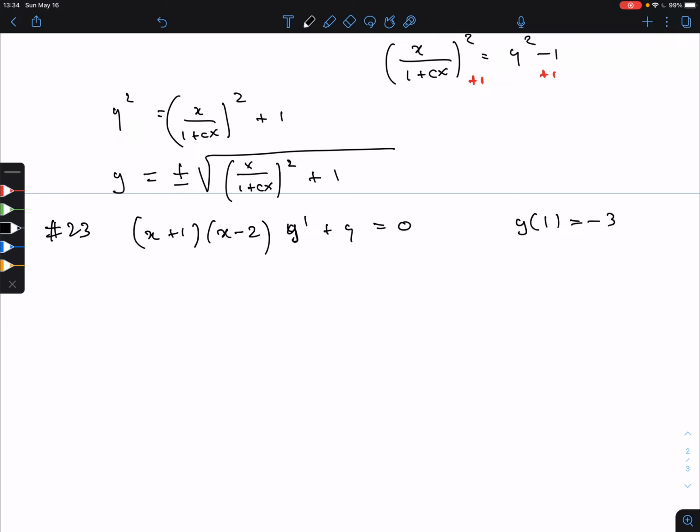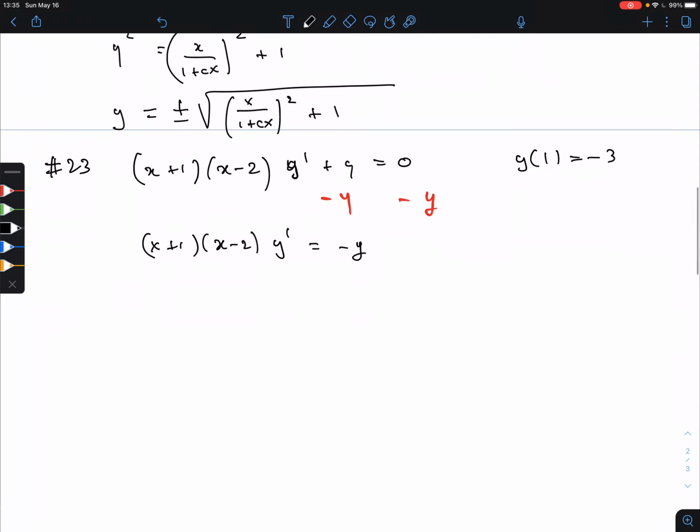First of all, we bring the y to the other side, so we get the minus y and minus y here. Or perhaps the other way around. No, this is how I have to do it, okay. So let's do the steps here, otherwise we get confused. x minus 2, y prime equals minus y. Okay, now I cross multiply. I like to keep my y prime on the left.